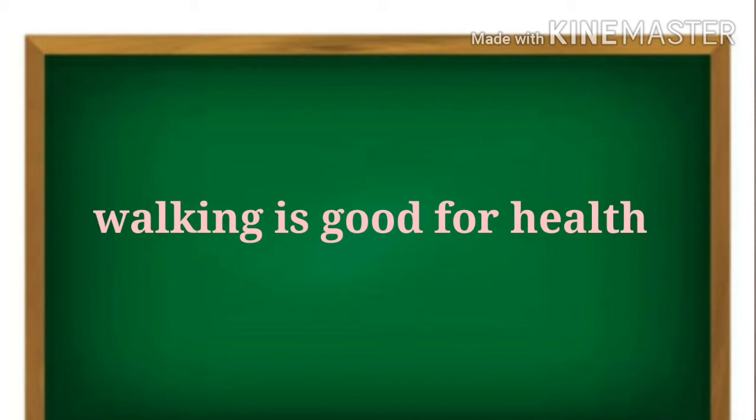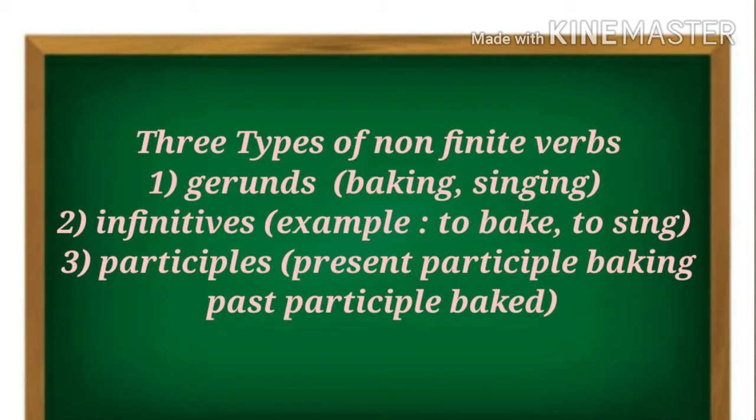Whether it is present, past, or future tense. That's why these are called non-finite verbs that cannot stand alone and do not change in tense or number. Okay. And dear children, there are three types of non-finite verb: gerunds, infinitives, and participles.